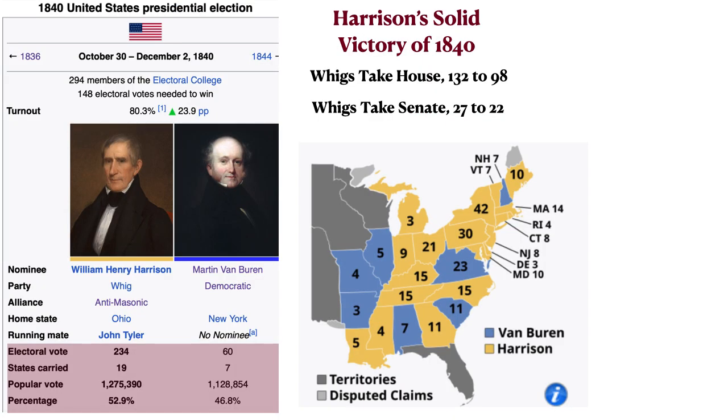So Harrison has a decisive win against Martin Van Buren in the election of 1840. And the Whigs take the House by a pretty substantial margin, 132 to 98, and take the Senate also, 27 to 22.